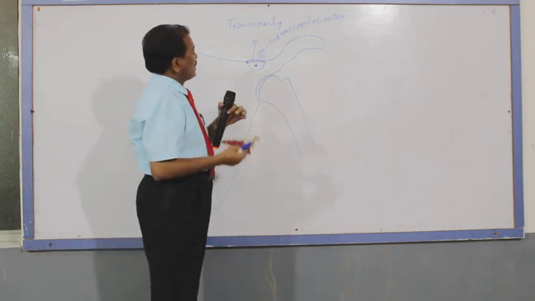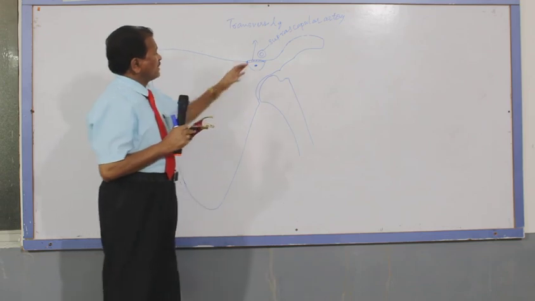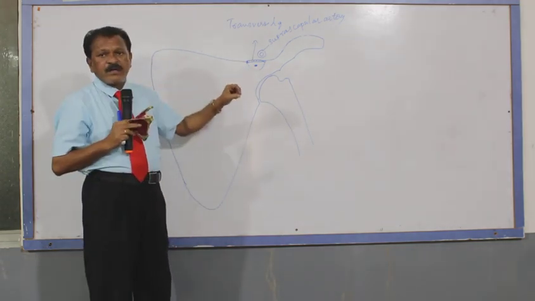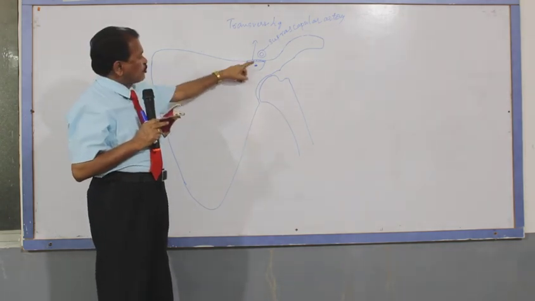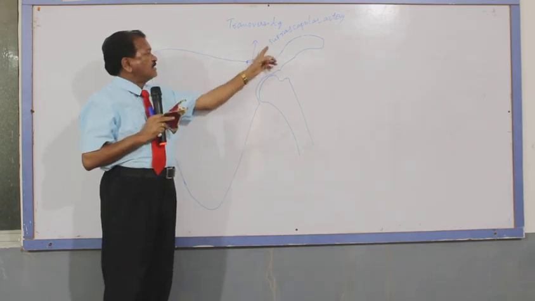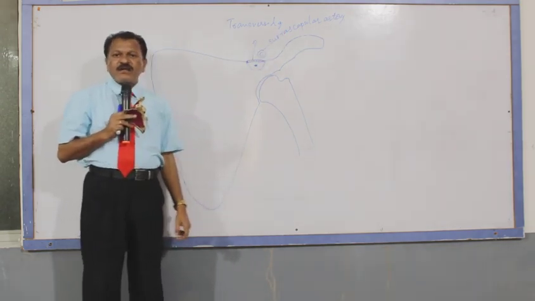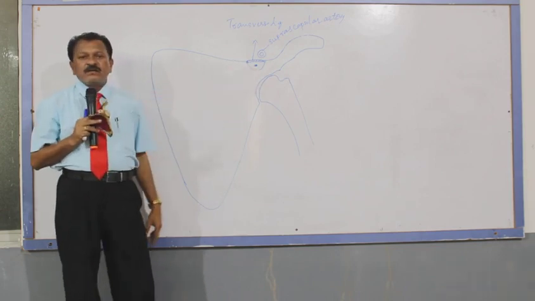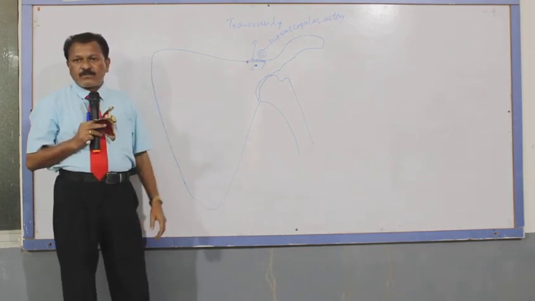In some books it is described differently, but actually in the body we may find the suprascapular artery superior to this transverse ligament, and the suprascapular nerve located inferior to it.